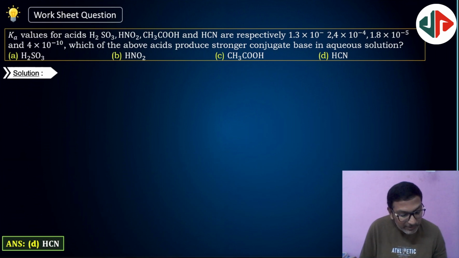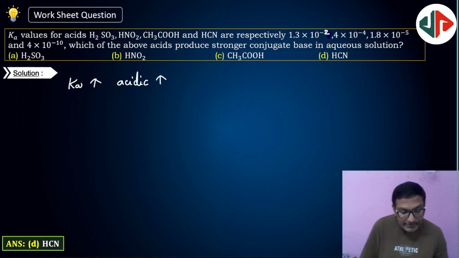H2SO3, HNO2, CH3COOH are strong when compared to HCN. As the Ka value increases, acidic nature increases.